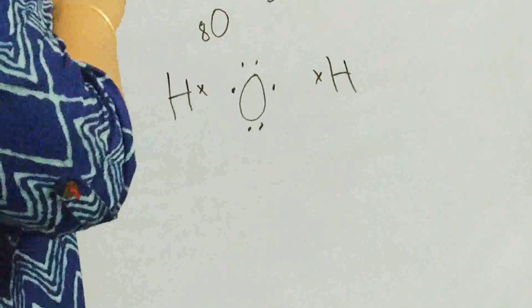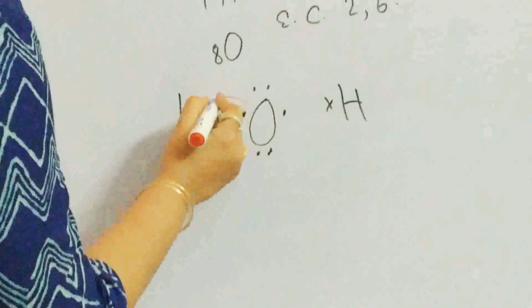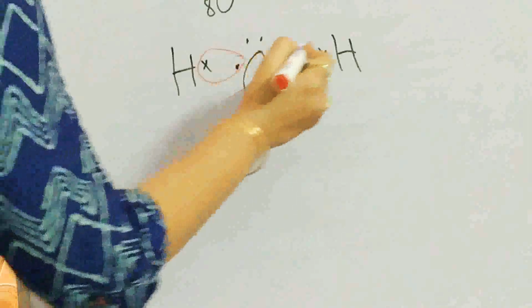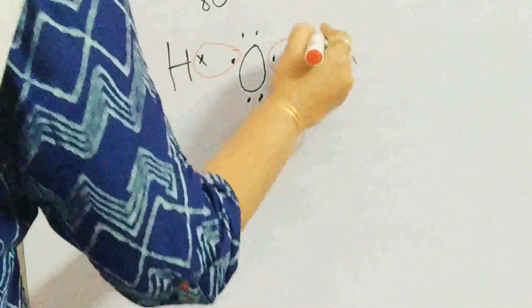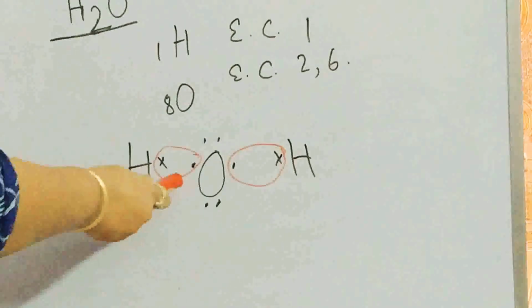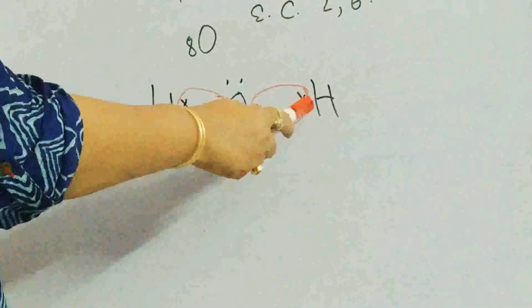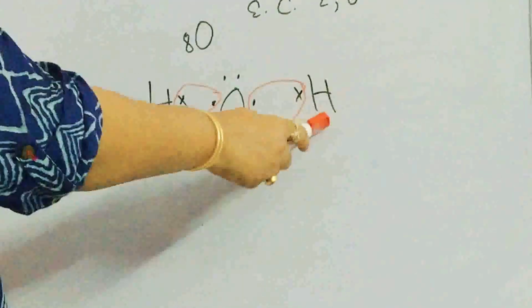And now what will happen? These 2 electrons and these 2 electrons will be shared equally between hydrogen and oxygen. Thus hydrogen will have its duplet configuration and get stable, and this hydrogen is also getting stable by having duplet configuration.